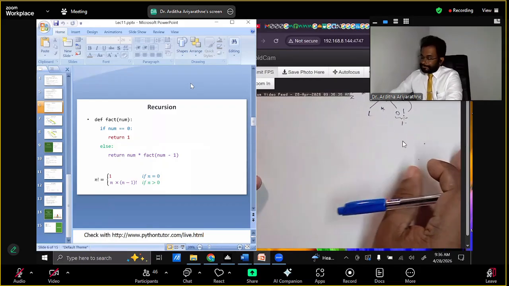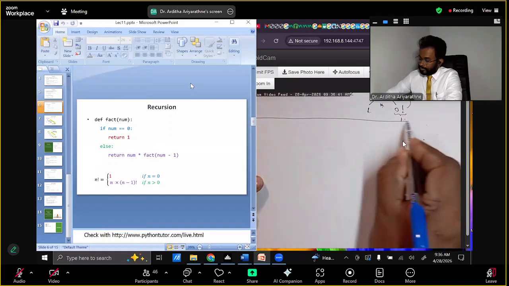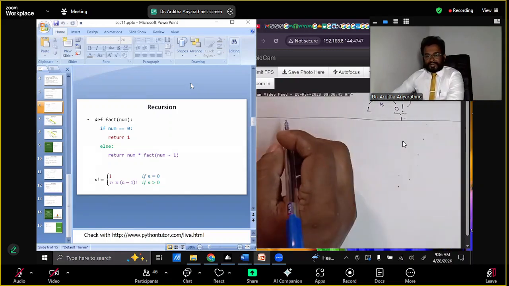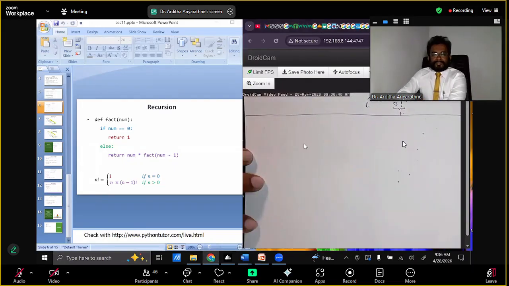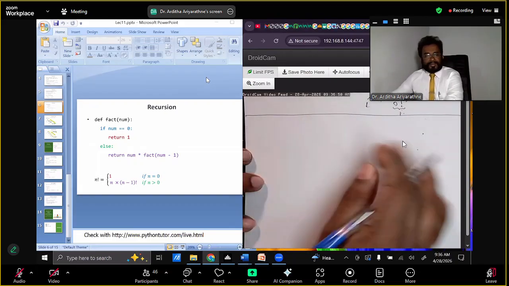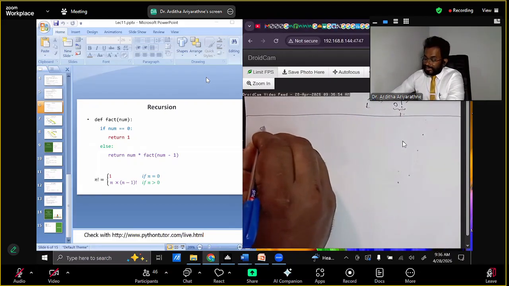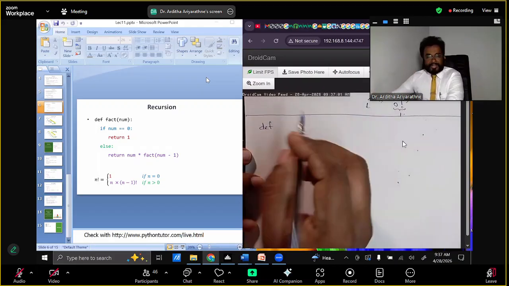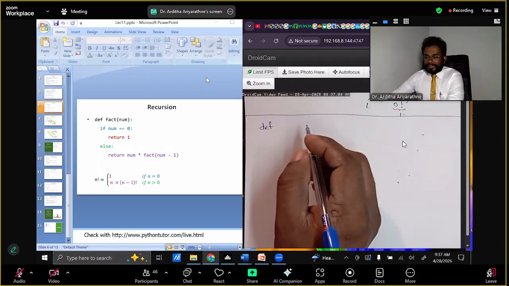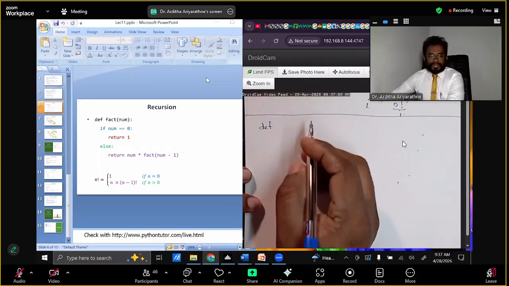First of all, we just want to prepare the function. So how to write the function? The keyword is def. Def is for definition. Then you can use any name that you want. Any name means you can't use keywords; other than keywords, any name you can use.